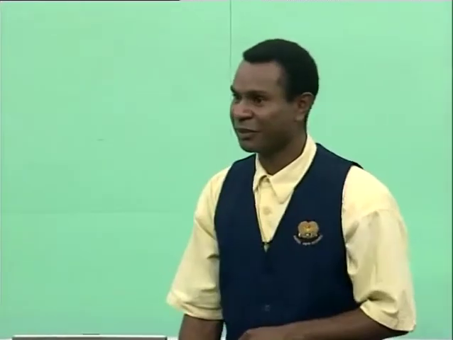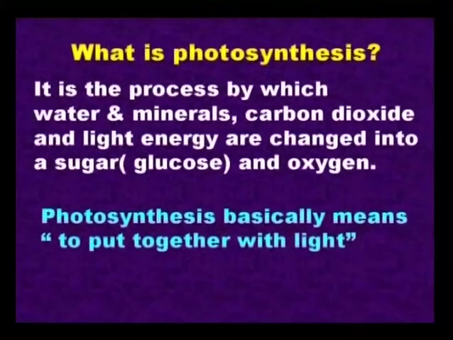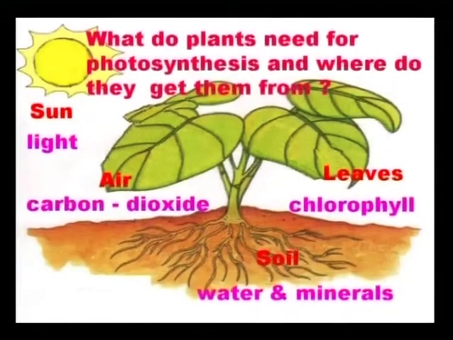Right, let's have a look at what photosynthesis is. Read, please. Right, like you've mentioned, let's have a look at this diagram. What do plants need for photosynthesis and where do they get them from?